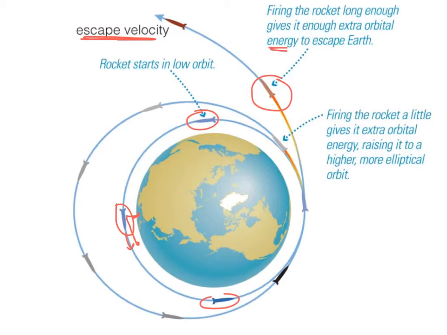I'm sure you buy this: the more massive the object you're trying to get away from, the stronger the force of gravity, and the faster your escape velocity is going to be.